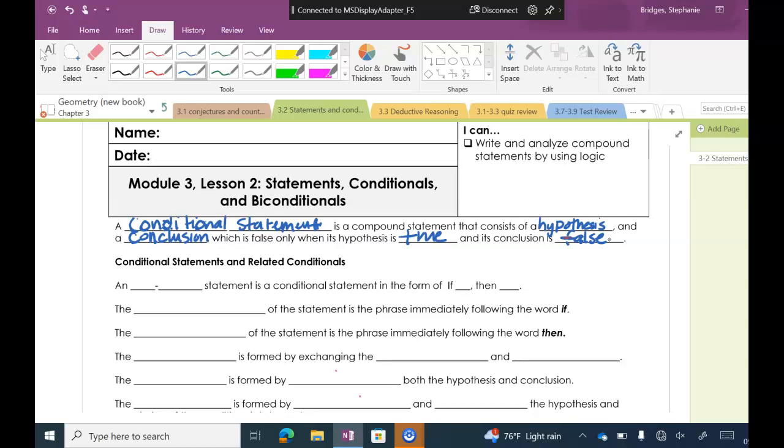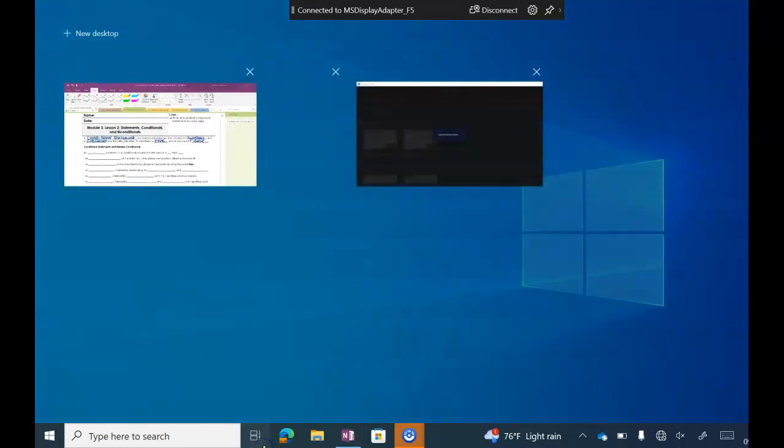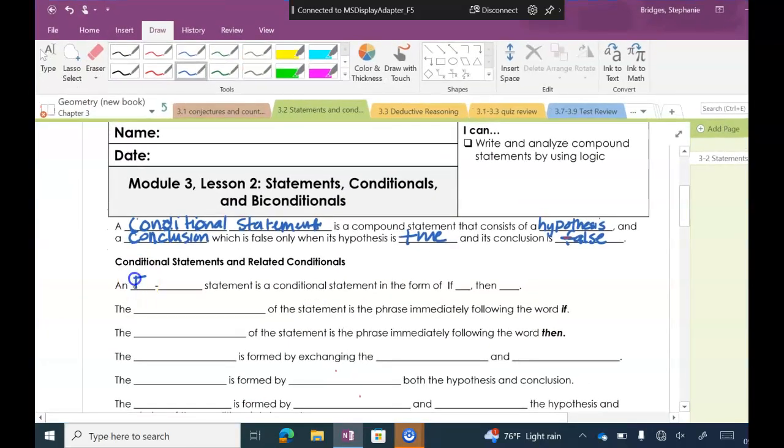Okay, so we have our conditional statement, which is our original statement. It is a compound statement, and it is always going to be, or most of the time, written in what we call if-then form. And a lot of the times you'll see them use some variables to represent our hypothesis and the conclusion.